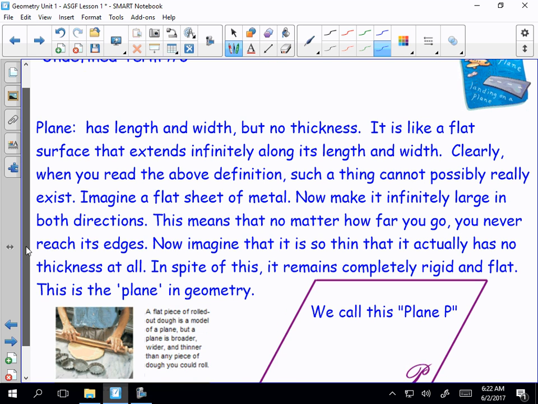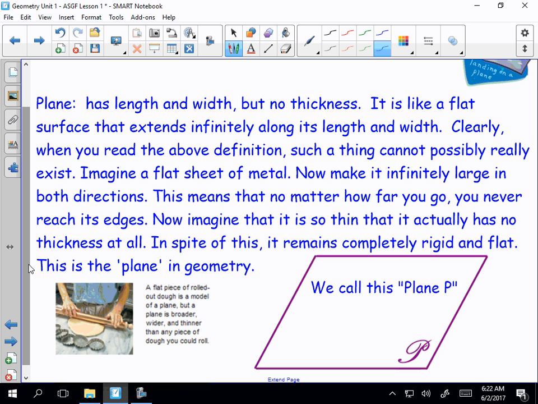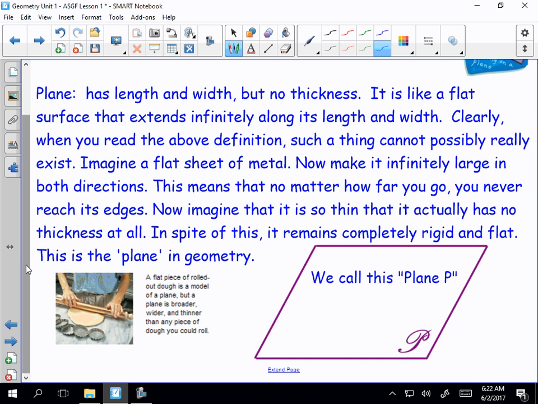Okay, our term 3 is a plane. When we think about a plane, we have to remember it's like the floor of your room, the floor of the classroom here. The only difference is, just like a line, a plane extends forever. So we have to think about the fact that it's an infinitely large piece, and that's why these are undefined terms.